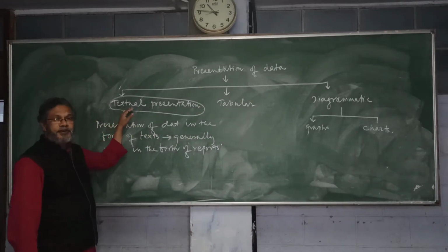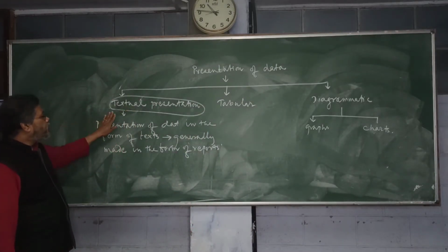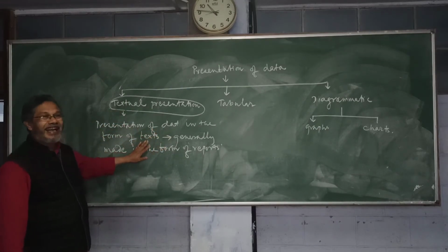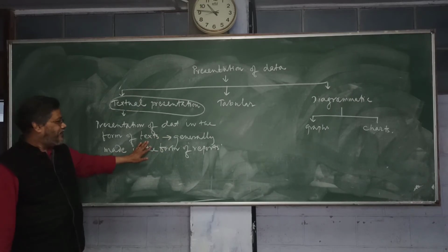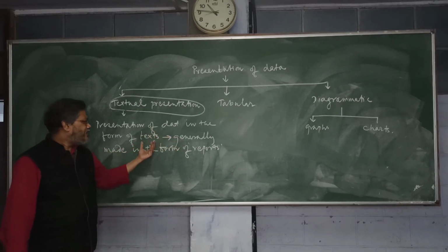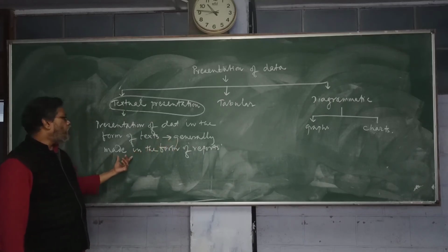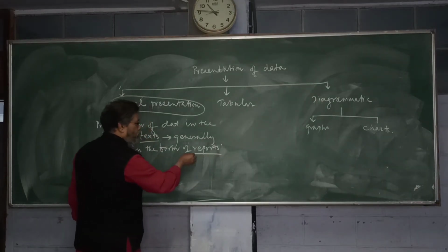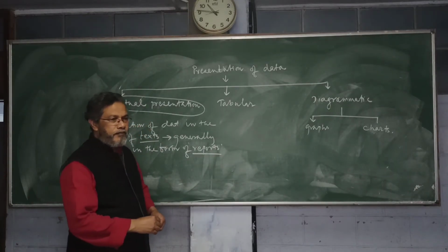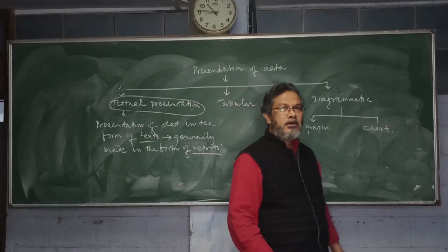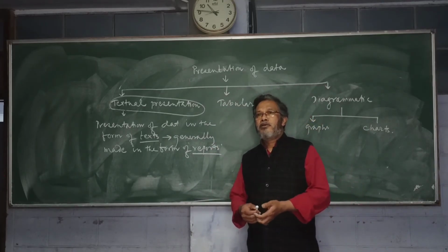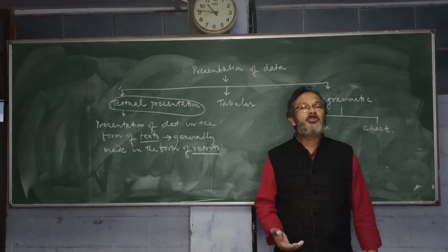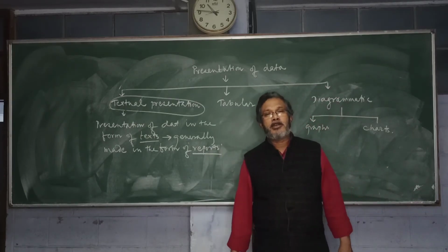Textual presentation is nothing but presentation of data in the form of texts. Text generally means reports. Make a report, prepare a report, report writing. When we read the newspapers, it is also a kind of report.